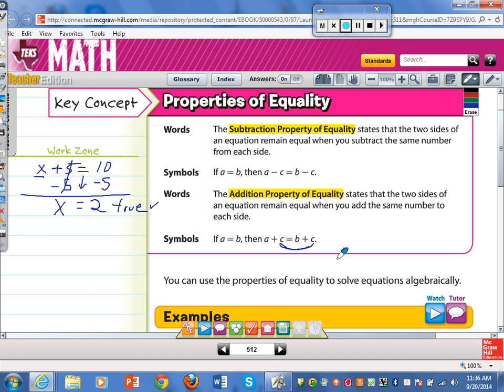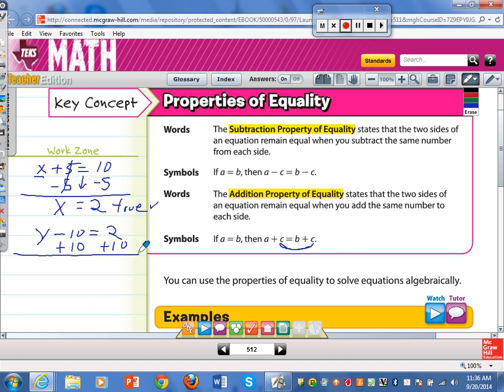For example, we'll use y because you can use different variables. Let's say here we have y minus 10 equals 2. Since they're subtracting 10 from the y, we can use the addition property of equality to solve for the variable. We can add 10 to both sides because that will give us another true statement.